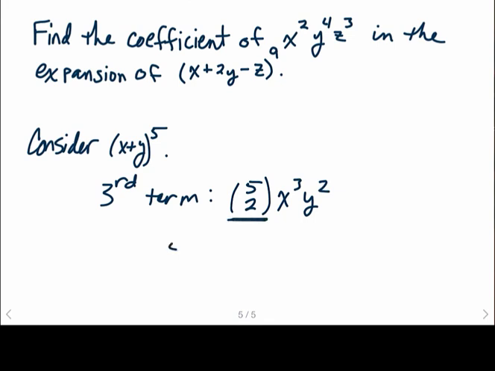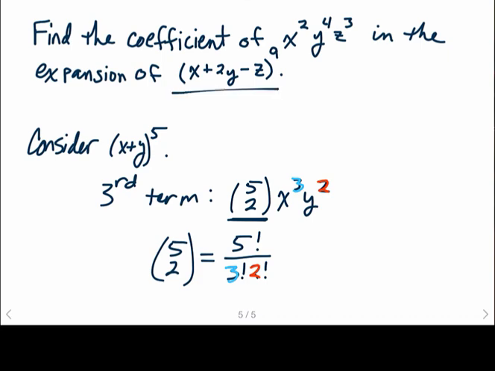If you recall, 5 choose 2 has a formula, and it's actually 5 factorial divided by 3 factorial times 2 factorial, and it's an interesting phenomenon that those numbers in the denominator of the factorial expressions are the same as the exponents on x and y. This generalizes to the trinomial case.